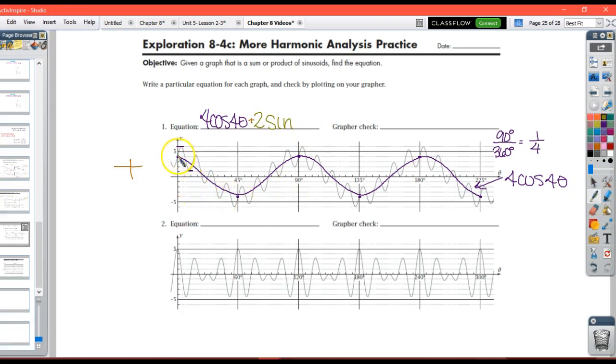I can see that I have 1, 2, 3, 4, 5, 6, 7, 8 cycles in 90 degrees.